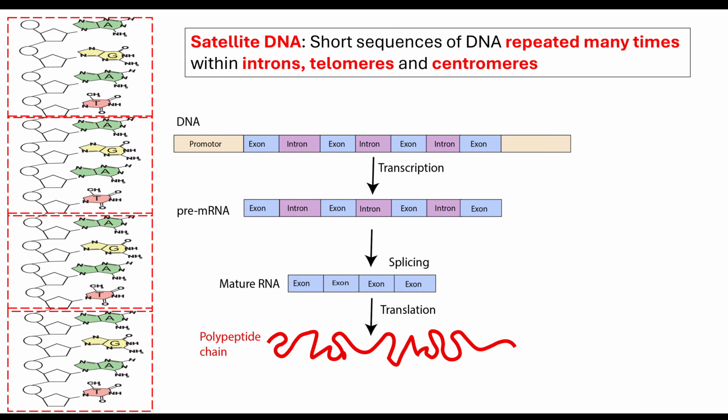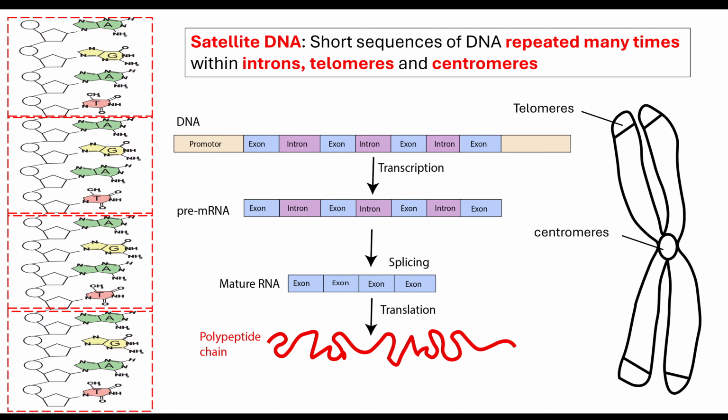That consists of your exons and introns. And we know through the process of splicing that we end up with our mature RNA, but those introns have been removed. So those introns that were removed, they are repeated sequences of this satellite DNA.